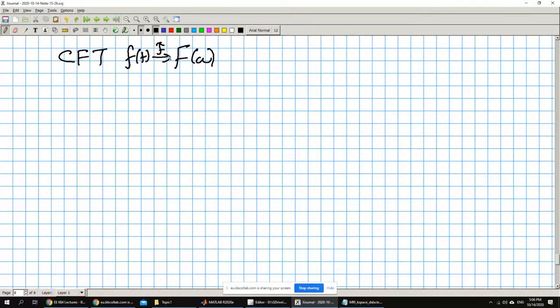Usually we have this as two-directional arrow like this, because you can go back and forth. This is forward Fourier transformation, and this is backward Fourier transformation. Continuous Fourier transformation, you have this as continuous function and this as continuous function. Basically, you cannot compute that in a computer.